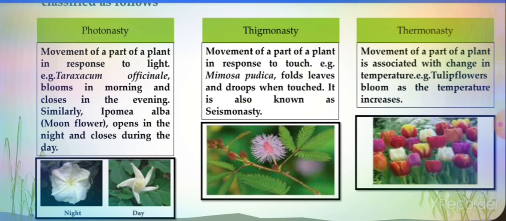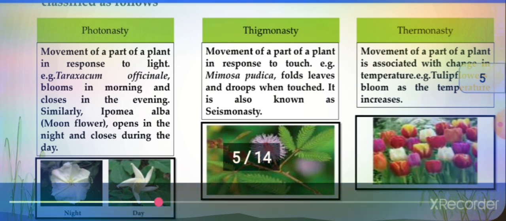And then thigmonasty. What is thigmonasty? Movement of a part of a plant in response to touch. அப்போ தொட்டால் சுருங்கி அந்த பிளான்ட்டை போய் தொட்ட உடனே அந்த இலைகள் என்ன பண்ணிக்கிறது? அப்படியே மூடி கொள்கிறது. Those leaves will fold and they will droop. What do you mean by drooping? Hanging unevenly. இங்கிலீஷில் droopingனா அப்படியே தோலன்னு தொங்கி போயிடுறது. அப்படியே they hang unevenly when touched.